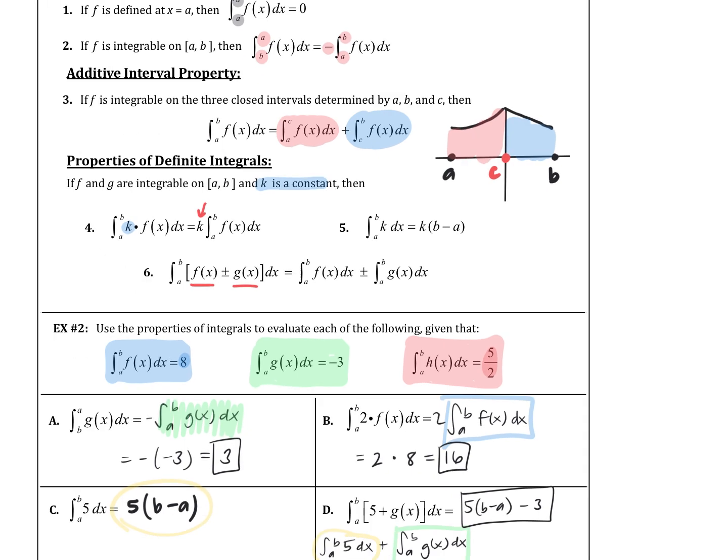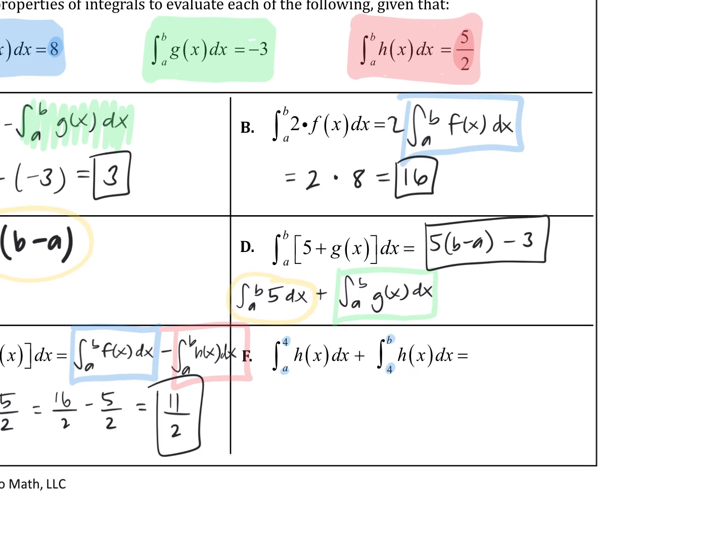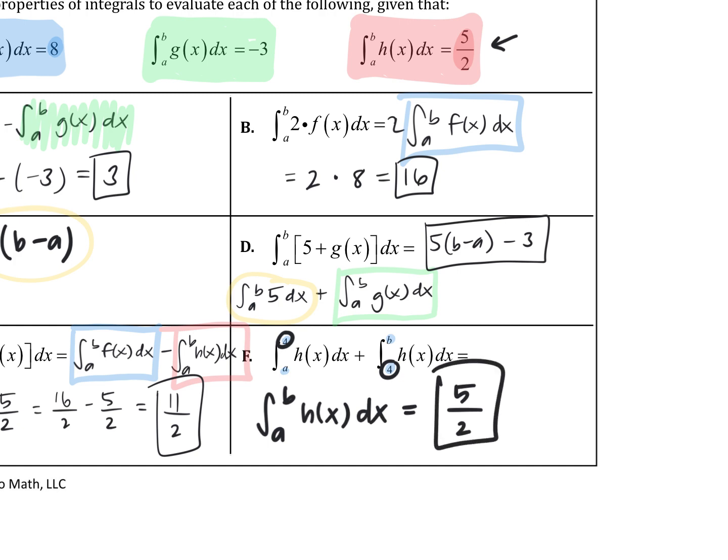So I can rewrite this integral for letter f, because 4 is the same as 4 here, as from a to b of h of x dx. That's going to equal what? 5 halves. We just had to use that property so that we could rewrite it and then evaluate it.